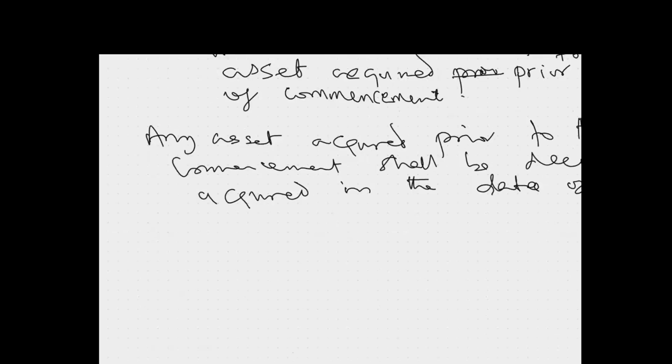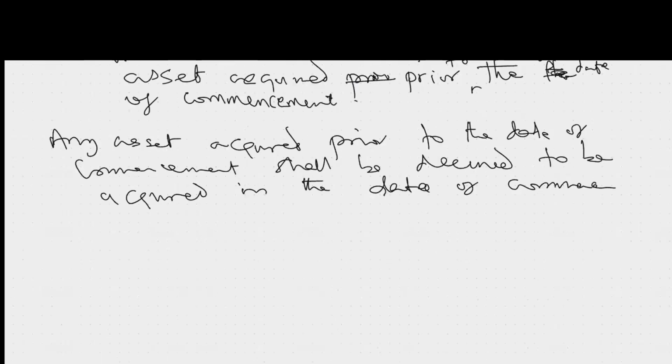Okay. So the next thing that we need to focus on is we need to understand when a company commences operation and how the company is being assessed with tax.